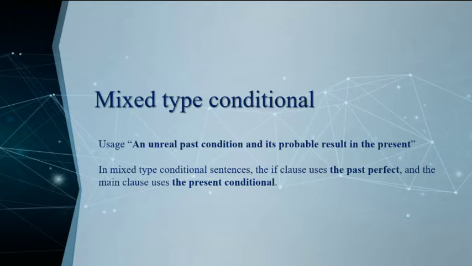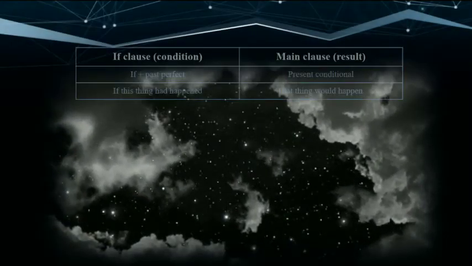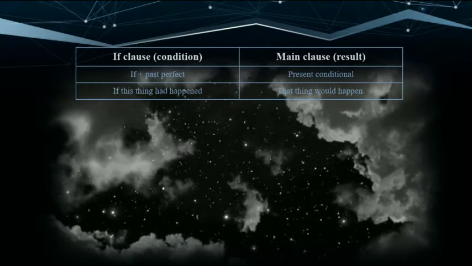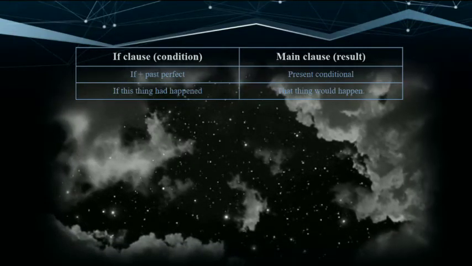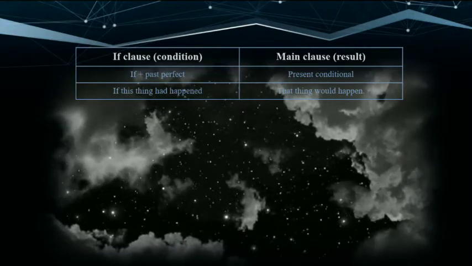In mixed type conditional sentences, the if clause uses the past perfect and the main clause uses the present conditional. Let's take a look at this table. If plus past perfect plus present conditional, or if this thing had happened, that thing would happen.